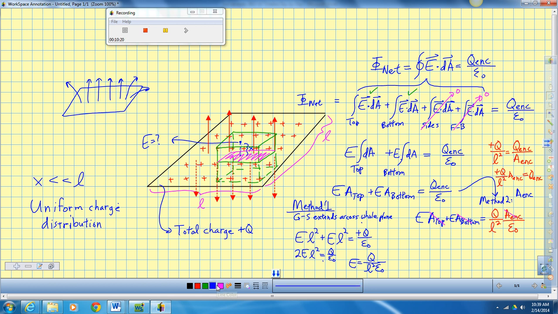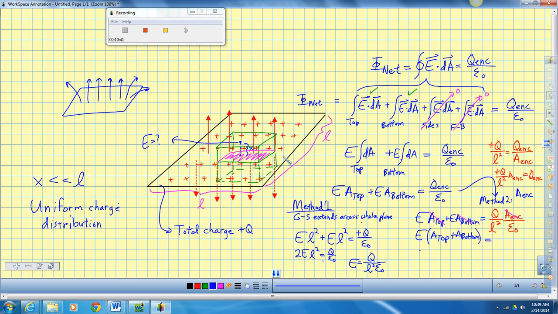Maybe I'll write that out so you can see exactly what I mean. This would be E times area top, this would be E times area top plus area bottom equals what we had there.